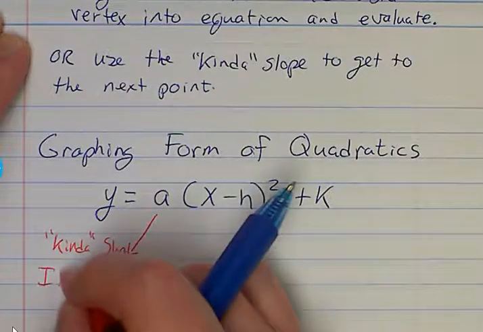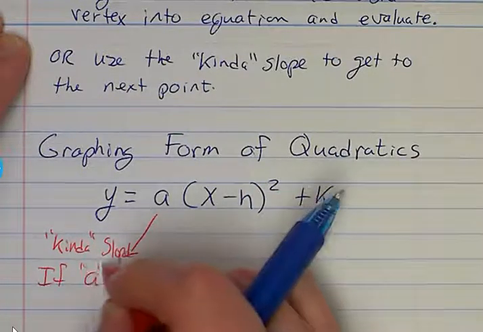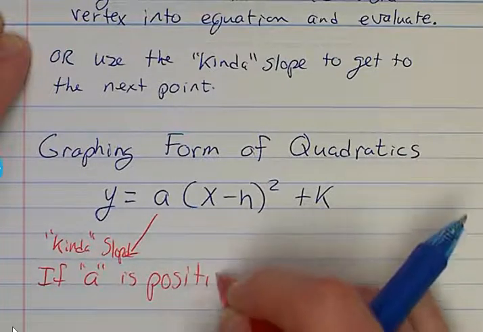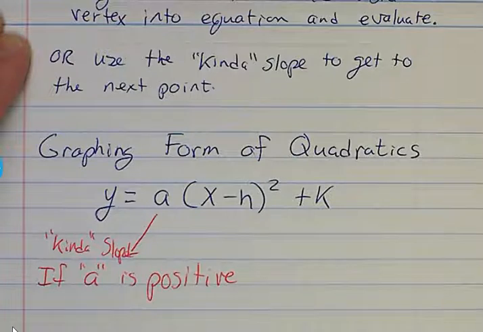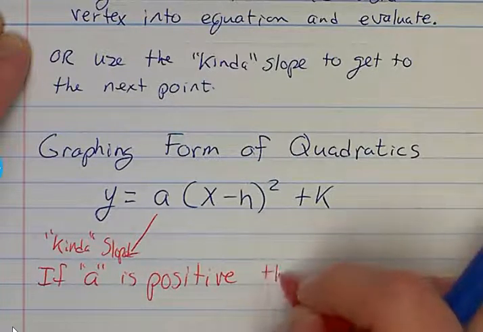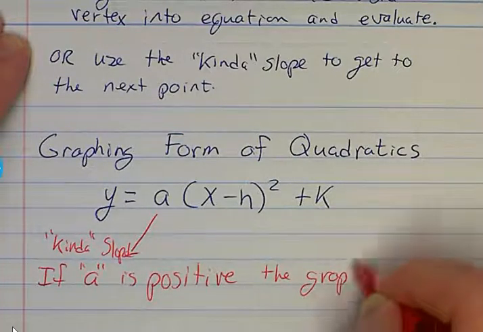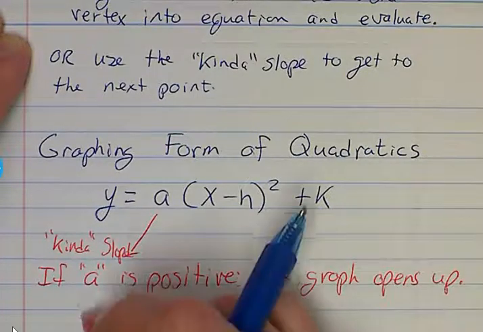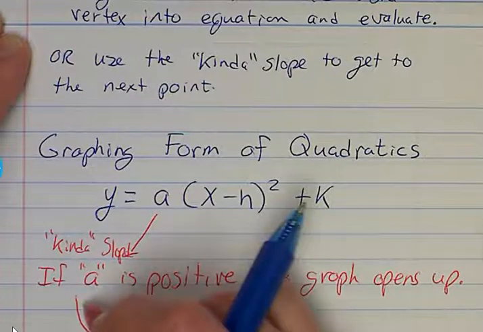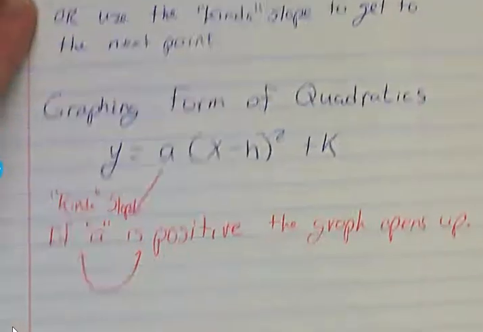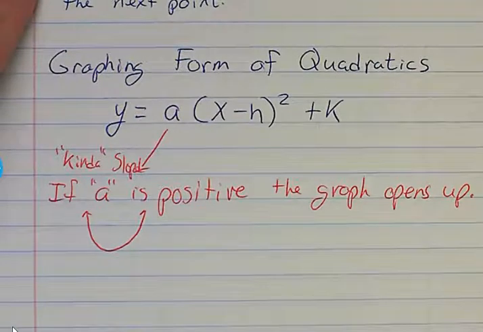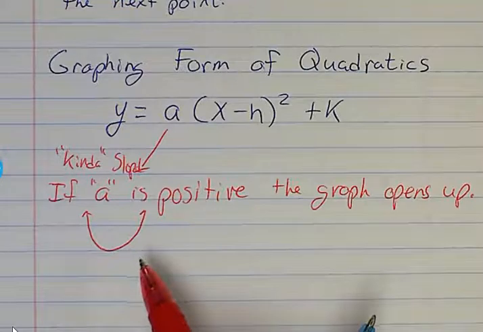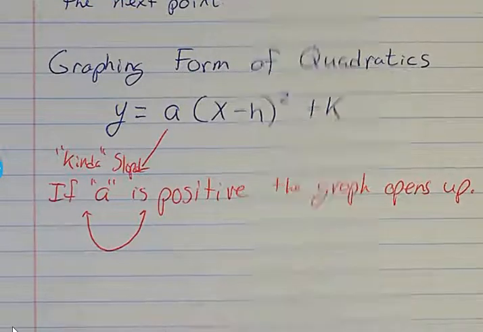If A is positive, the graph is going to open up, which means something like that. Just like if the number in front of the absolute value was positive, the V shape was going up, well now with parabolas it's a U shape. So if A is positive, the graph opens up.